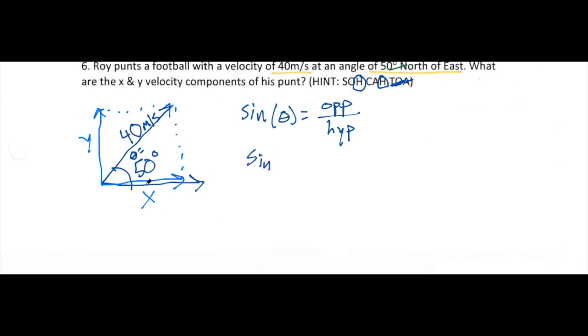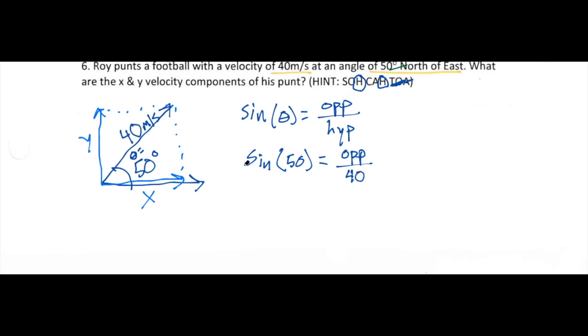In this case, I have what my theta is, sine of 50. This is nice. We don't have to deal with any sort of weird inverse sine stuff or inverse trig stuff, which kind of gets to be confusing sometimes. Our opposite we don't know, opposite being across from the angle, and our hypotenuse is 40.